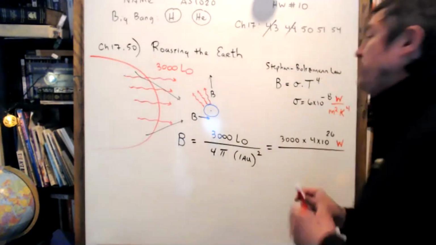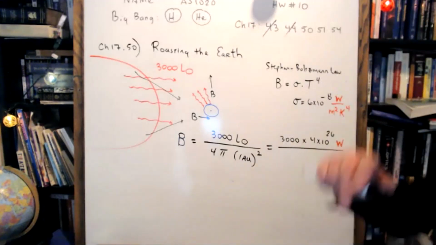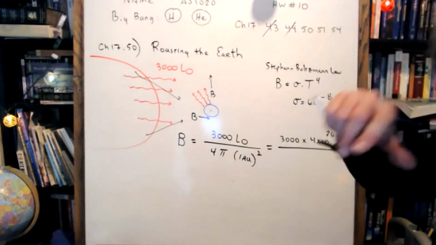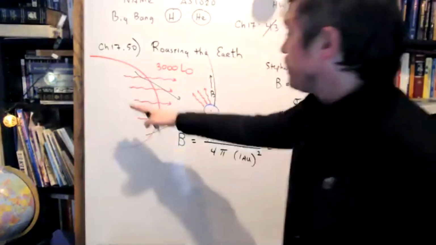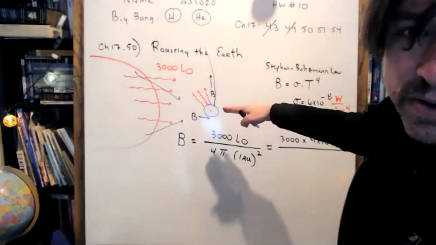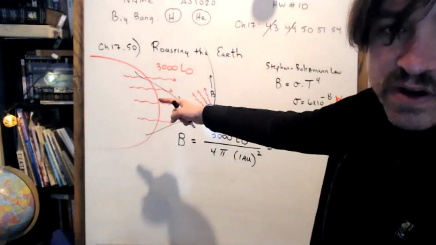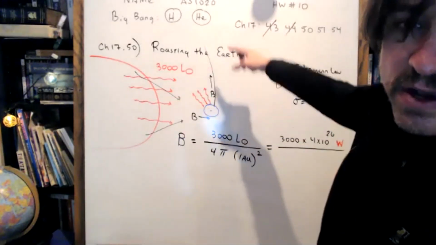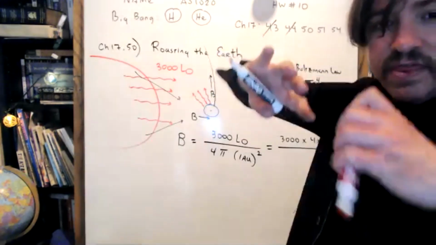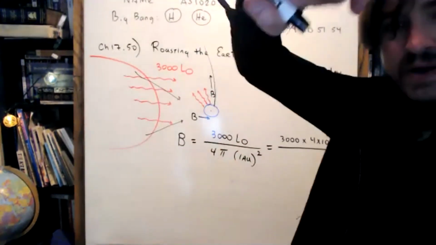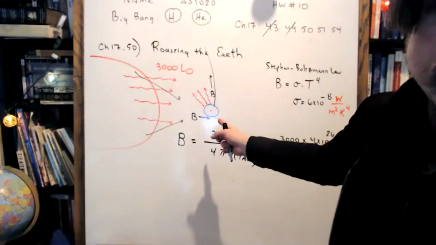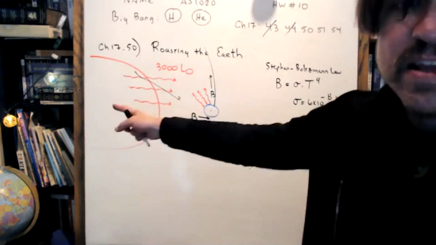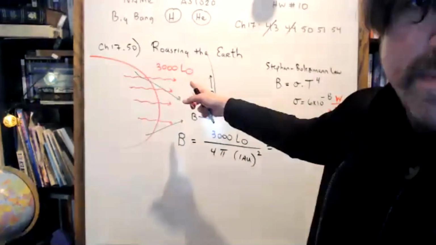Oh, by the way, can I tell you another reason why we can still use 1 AU, Vladimir? Because the radiation is ultimately going to be spread out over a sphere of 1 AU, whether the radius of the star is big or not. According to the inverse square law, it's the same wattage, but it's going to be spread out over a sphere 1 AU in radius. Does that sort of make sense? Yeah, sort of makes sense. It doesn't matter if that's a point particle or a big fat sphere.